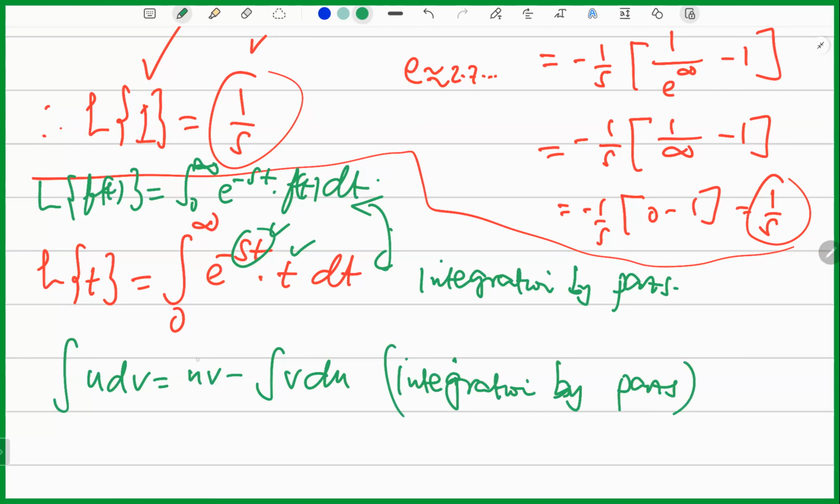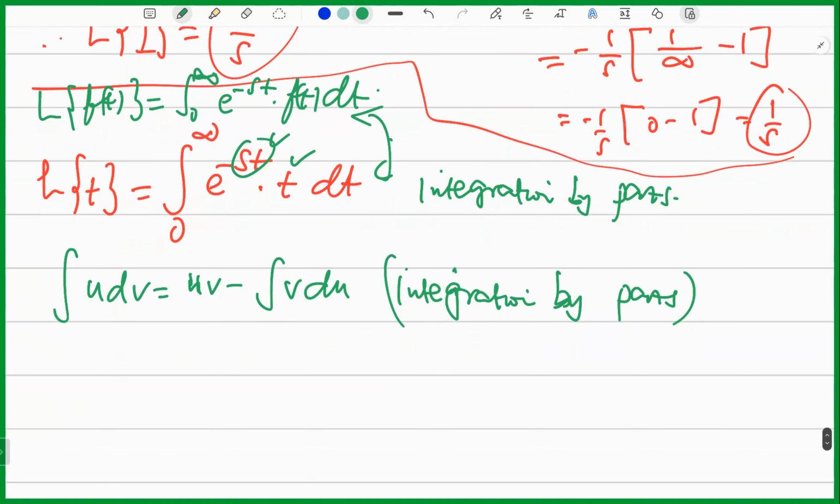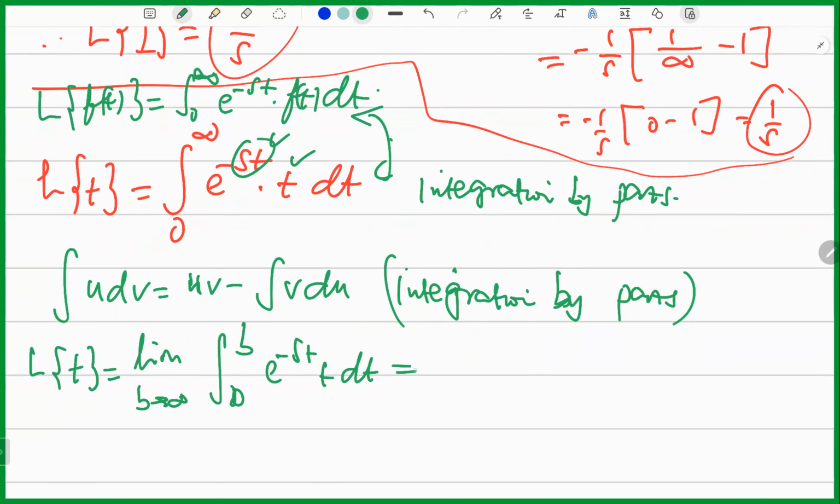In pure mathematics, students learn this in first year. But I want to elaborate on this very quickly: the Laplace transform of t would be the limit as b approaches infinity of the integral from 0 to b of e to the minus st dt.